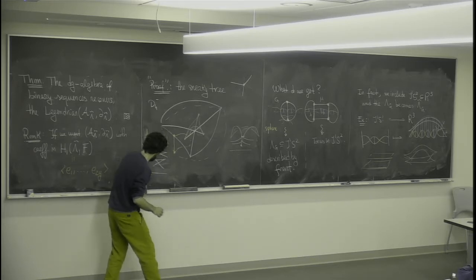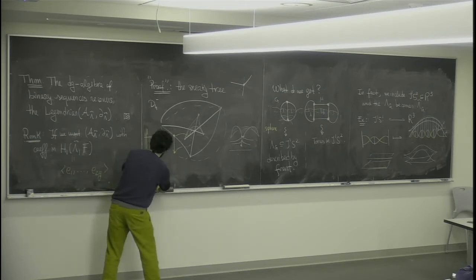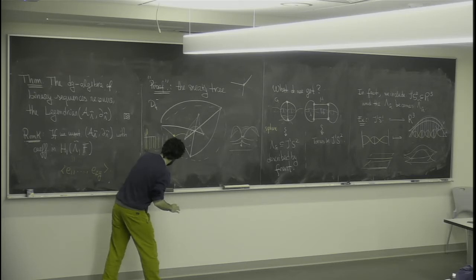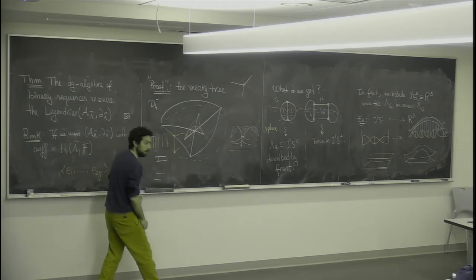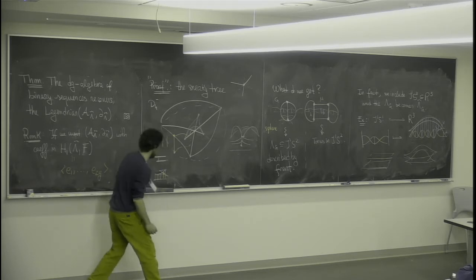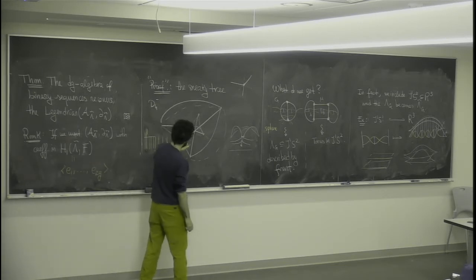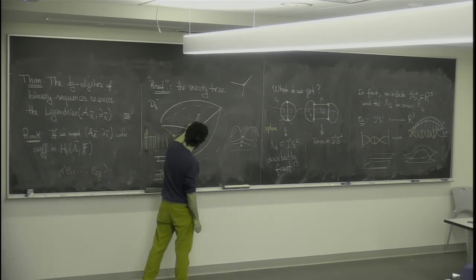I had my tree, let me draw it like this. I had the core here, and then the next move that I see is this. So what I'm saying is the tree does this, coming from here. The next thing that happens is this tree uses this cusp.